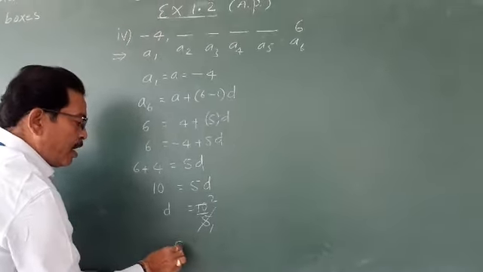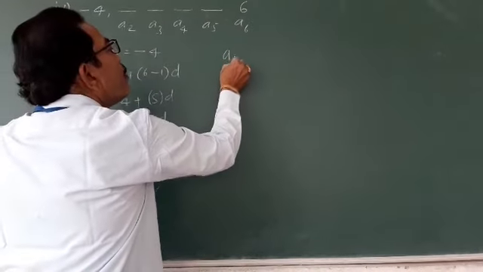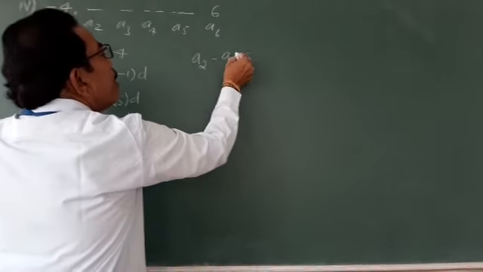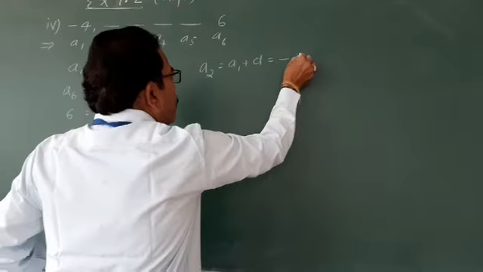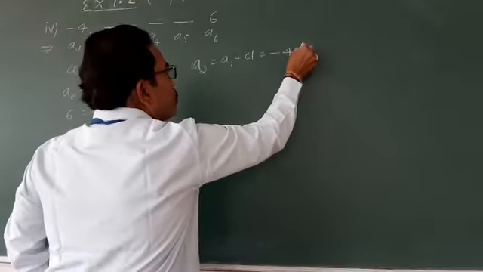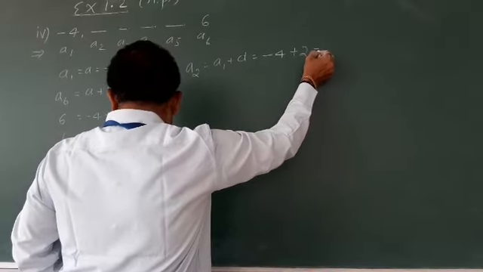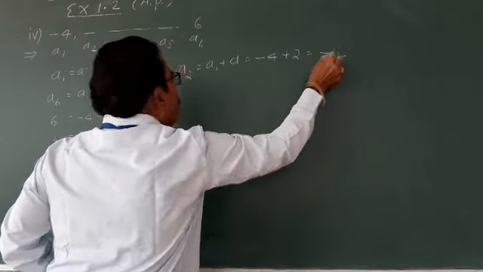D equals 2. Okay, let us find the next terms. A2 is nothing but A1 plus D. A1 is -4. -4 plus 2 equals -2.